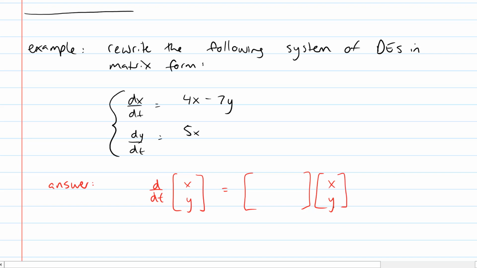And if you remember your matrix algebra, you take this row and multiply by this column, and that's going to give you the entry on the left. And similarly, if you take the second row and multiply by this column, you're going to get this entry. Of course, you're going to be wrapping in the derivative as well.